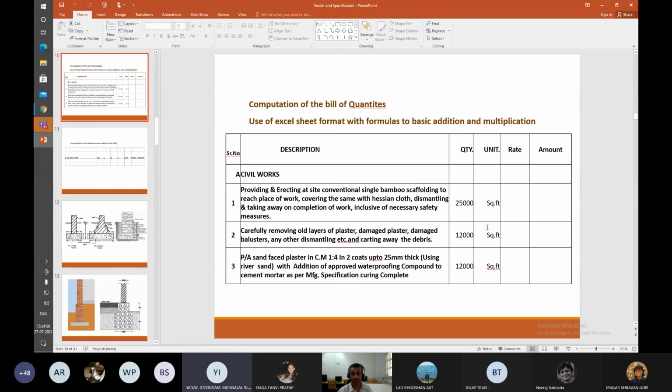Oh, sorry, 1:3:6 is for PCC cement. Ratio of concrete will be 1:2:4. No, that is also not right. Just 5 minutes back, we discussed the RCC mix. What is the RCC mix for slabs and all concrete RCC works?